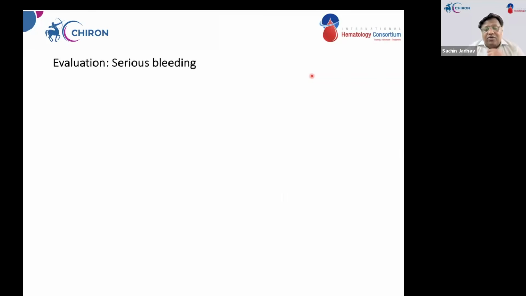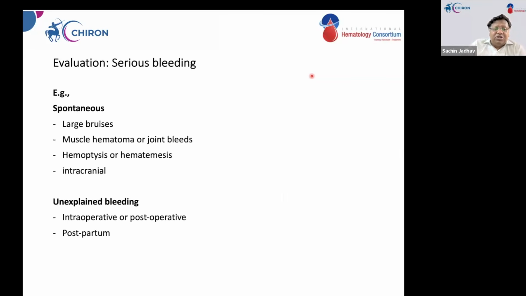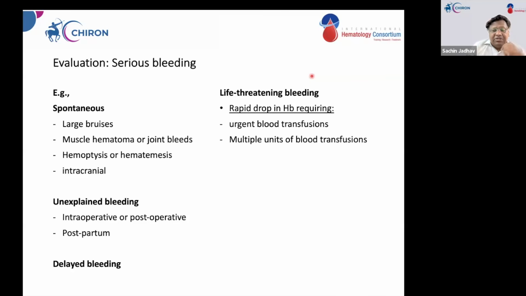What about serious bleeding? For example, somebody comes with spontaneous large bruises, yeah, muscle hematoma, joint bleeds, critical organ bleeding, or unexplained bleeding, intra-op, post-op, postpartum, delayed bleeding as in factor 13, life-threatening, not only requiring transfusion, but a rapid drop in hemoglobin, requiring urgent blood transfusion, multiple units of blood transfusion, and or suturing required.